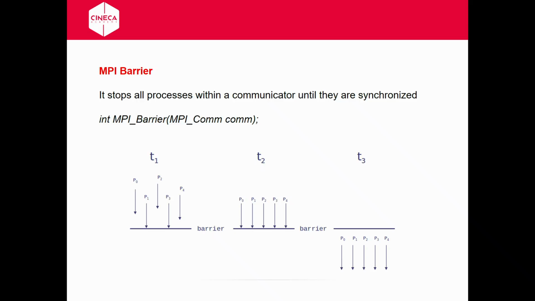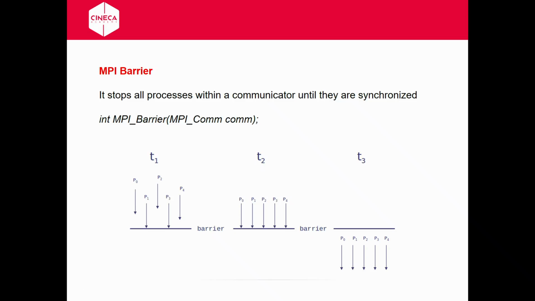Clearly, the first kind of collective operation is the MPI barrier command. The syntax is quite simple. In C it is a simple function. In Fortran the syntax is the same, the only difference being that in Fortran this is a subroutine, and you also have to put the error variable.